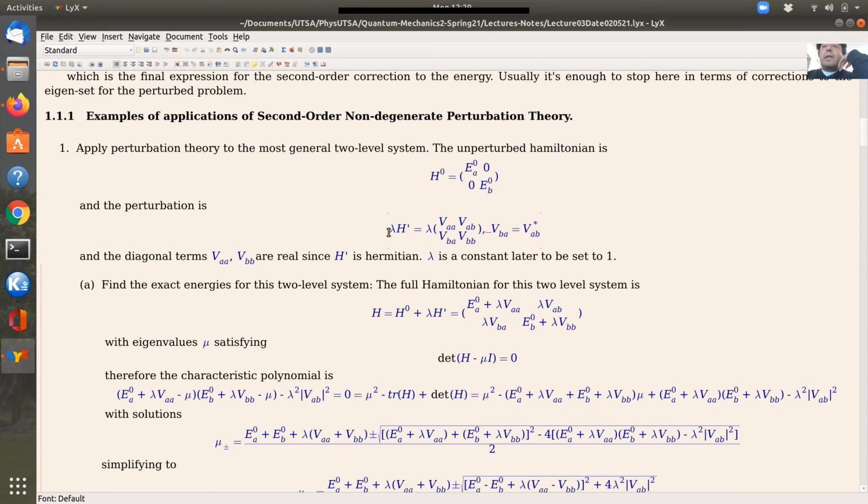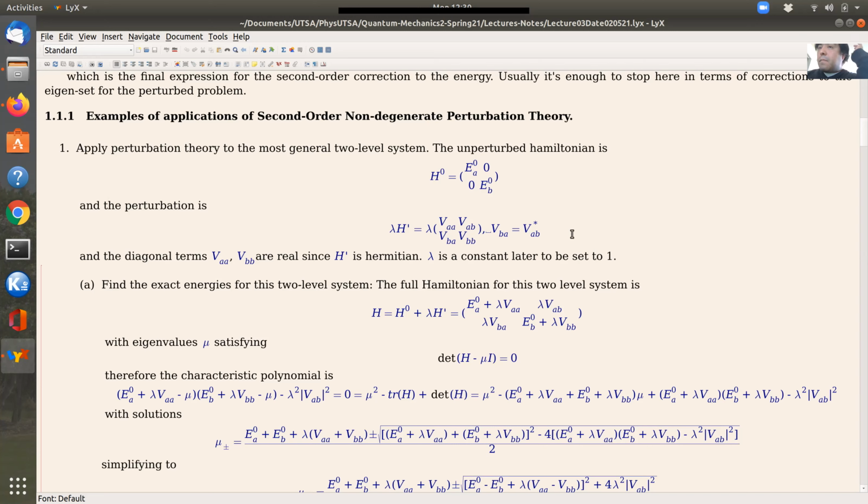And the perturbation, again, is going to be of the form lambda H prime, which is lambda times a matrix that is not necessarily diagonal, of course, because it's the most general case for two-level energies. And the conjugacy has to hold because you are working with a Hermitian matrix. So, of course, the diagonal terms have to be real. Yeah, that's because it's Hermitian.